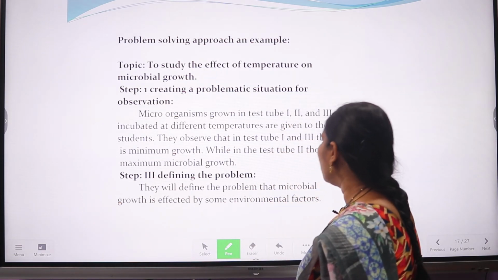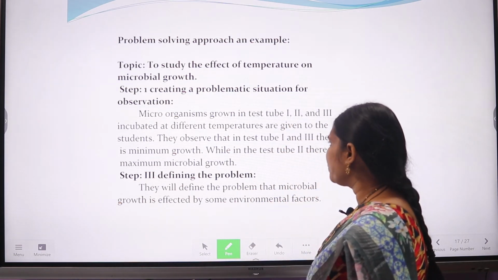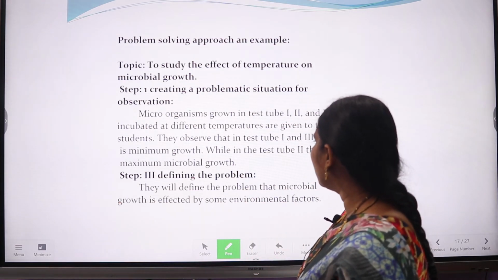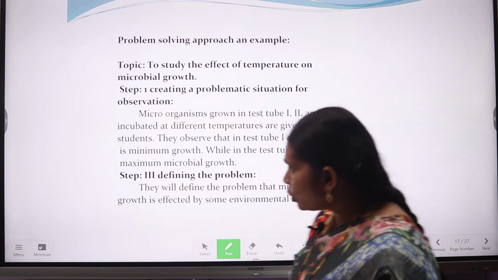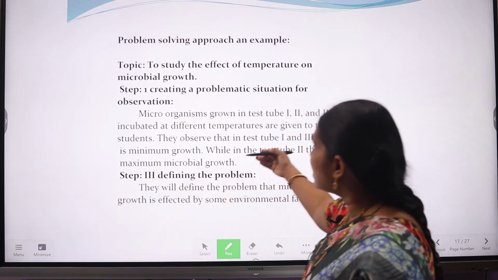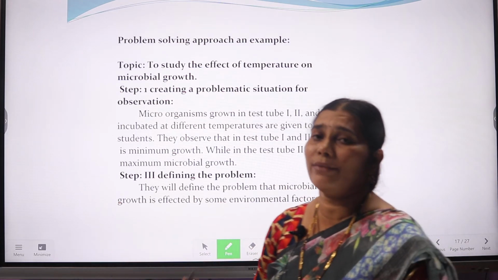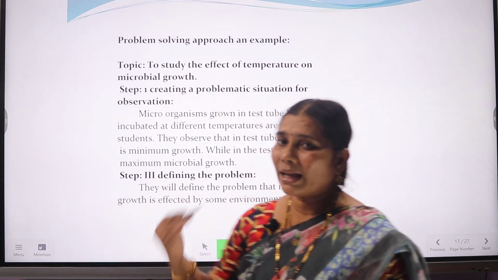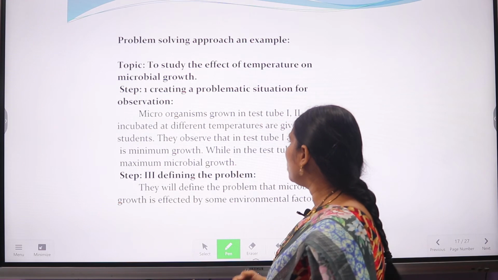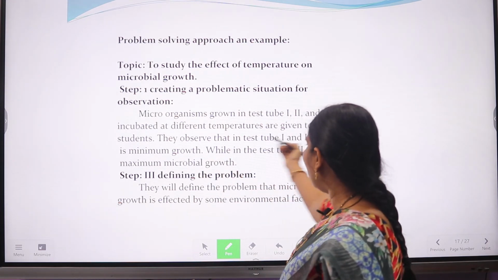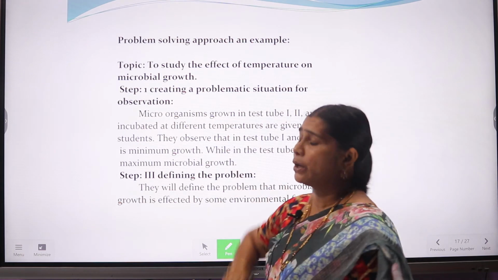They observe that test tubes 1 and 3 have minimum growth, while in test tube 2 there is maximum growth seen. So with this observation, this is one problematic situation which I have created. By keen observation, they are able to identify that test tubes 1 and 3 have minimum growth and test tube 2 has maximum microbial growth.